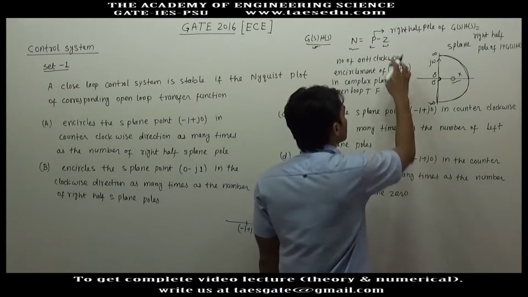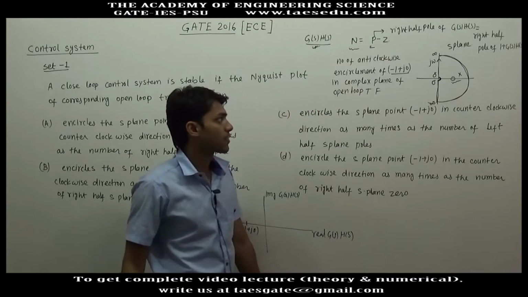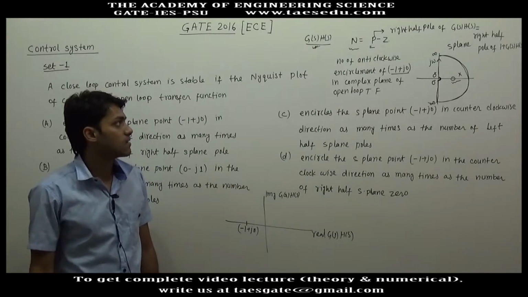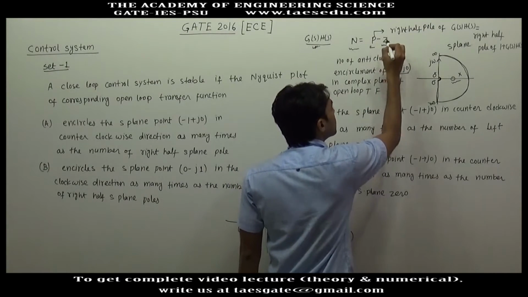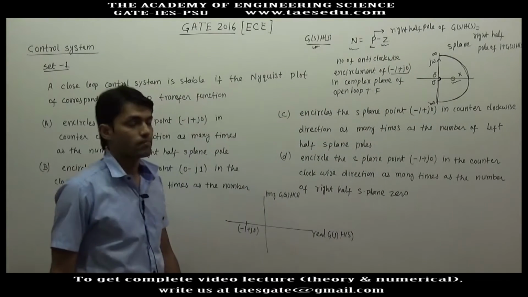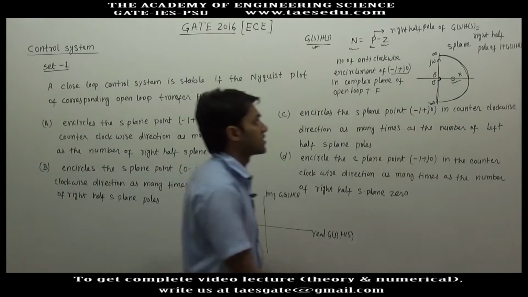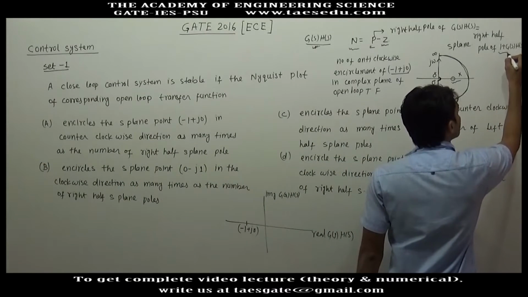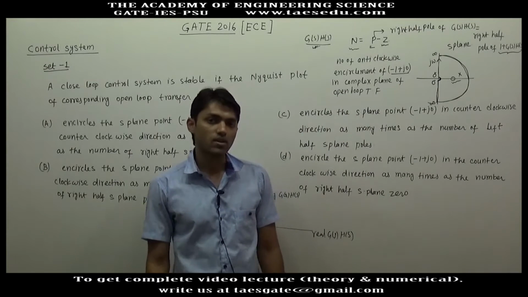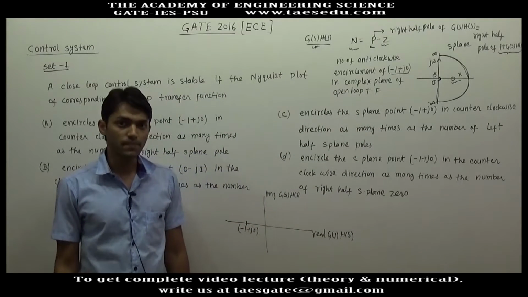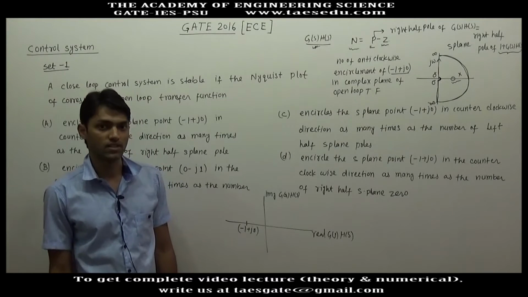But in the lecture I have focused, many times I have mentioned, that we are interested in finding out the right half zeros of 1 plus G(s)H(s), because right half zeros of 1 plus G(s)H(s) make the poles of the closed loop transfer function.